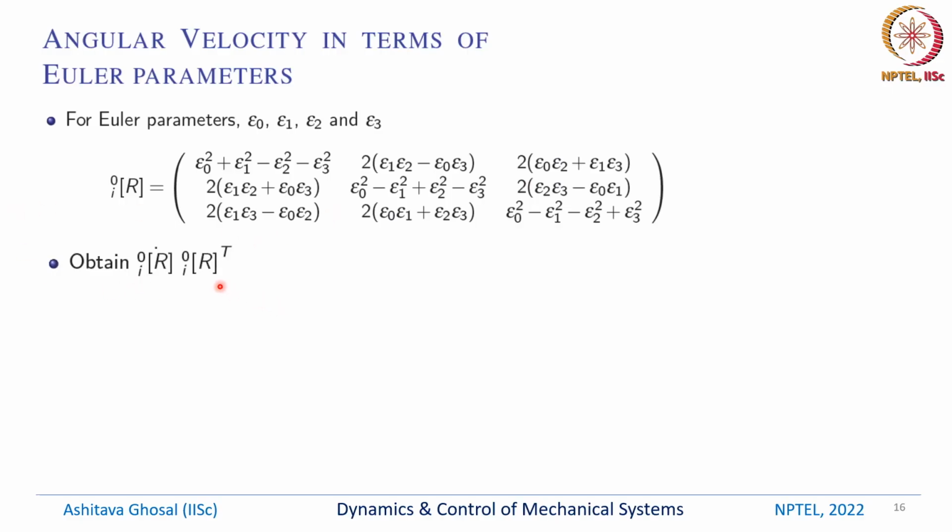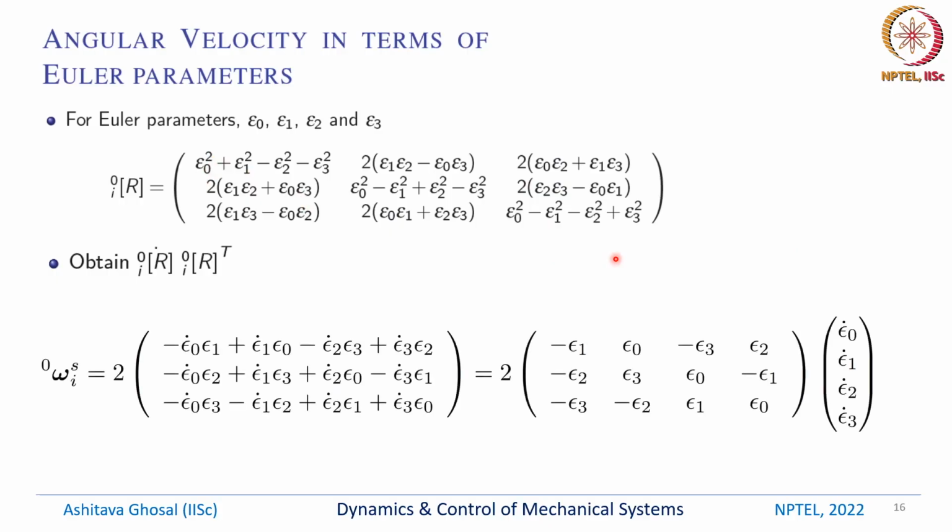This is the space fixed angular velocity vector, and we can take the derivative of each one of these terms, epsilon. So the derivative of the first one will be 2 epsilon 0 dot, and so on. We have to use the chain rule. And if you take those derivatives and reorganize, you can see that the space fixed angular velocity vector is given in this form.